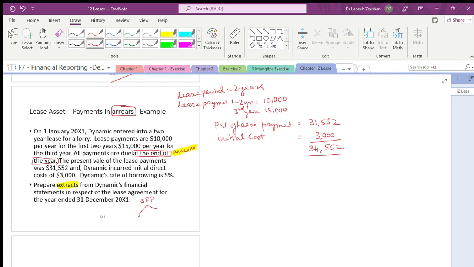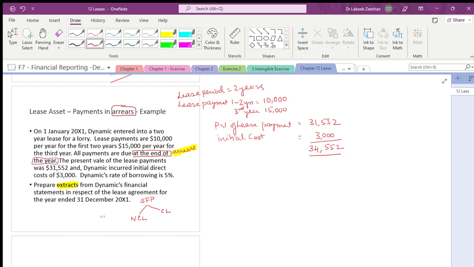In the statement of financial position, you have to show both current liabilities and non-current liabilities. We have to differentiate it. It is for 2 years, starting January 1st, 2001.